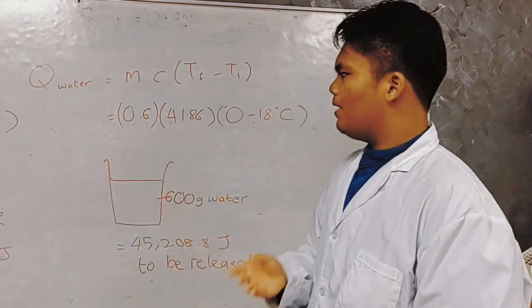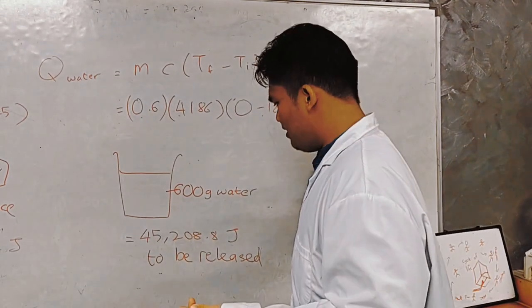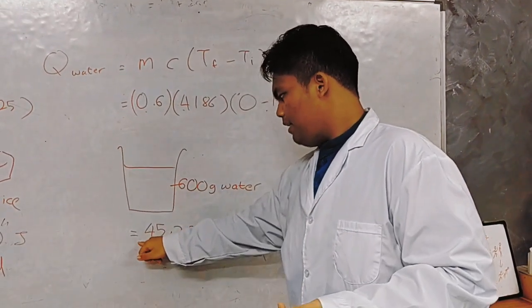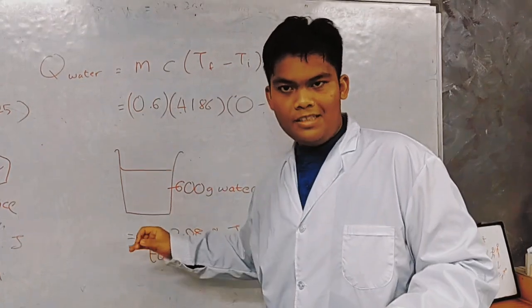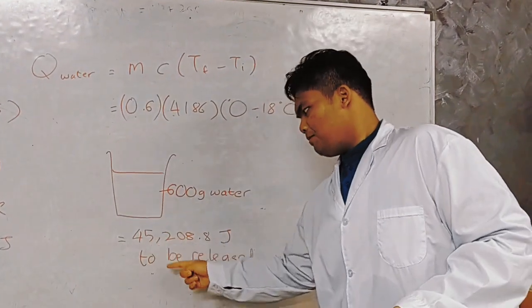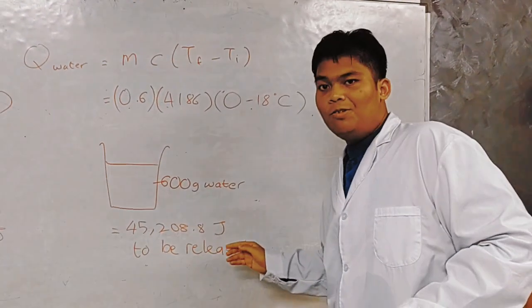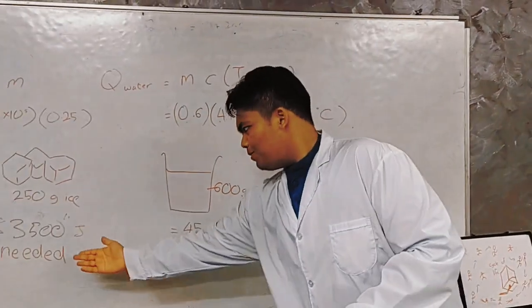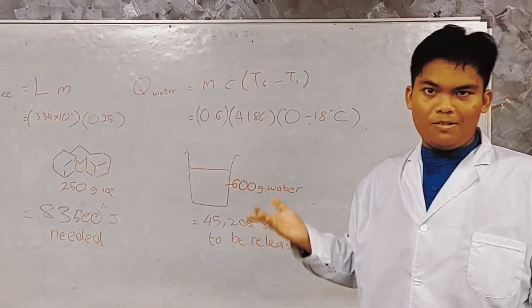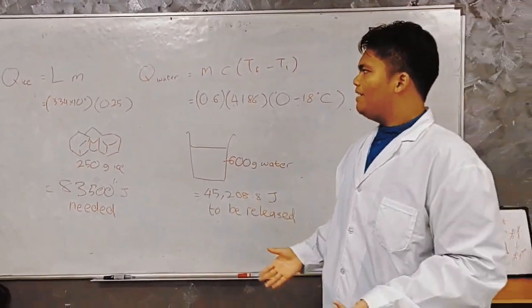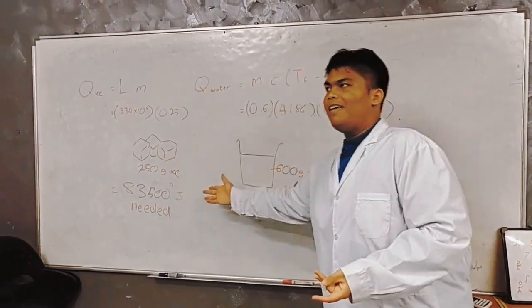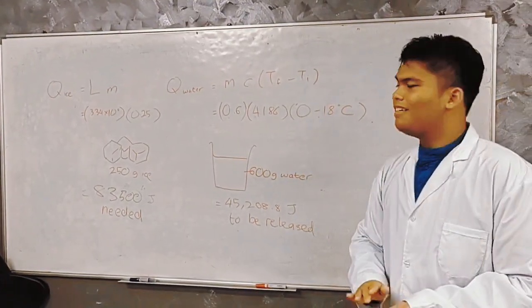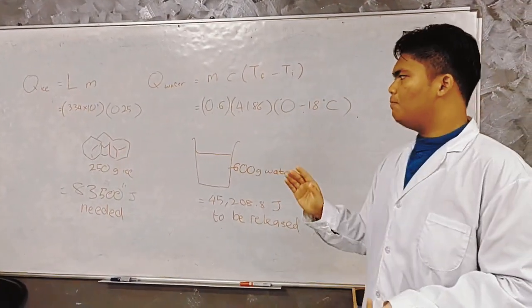So after we calculate this equation, we get that the water can release about 45,208.8 joules to the ice. You see, these two numbers don't equal. That means that the ice needed more energy, more heat, to melt completely.